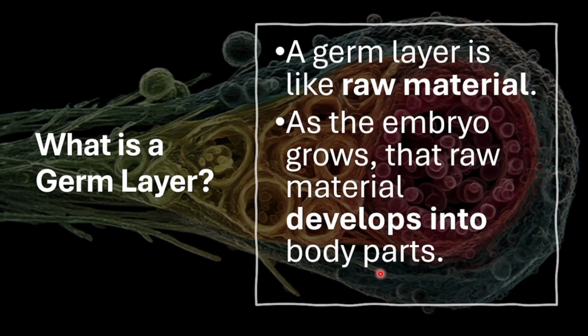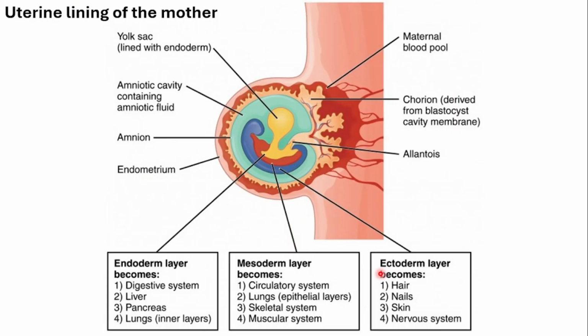So we're going to be looking at 3 germ layers in this video. What are the germ layers we're going to be looking at? We're going to be looking at the endoderm layer, the mesoderm layer and the ectoderm layer. These are all germ layers. They are going to develop into certain body parts.